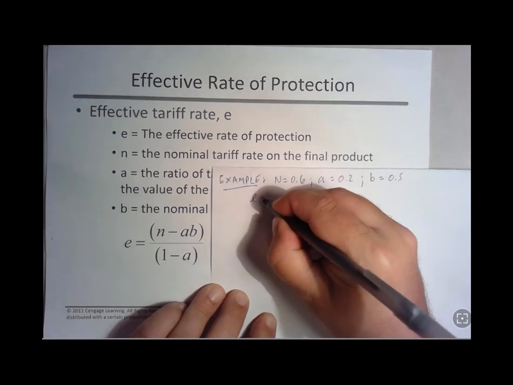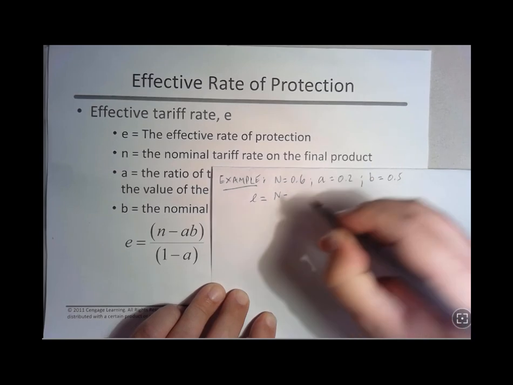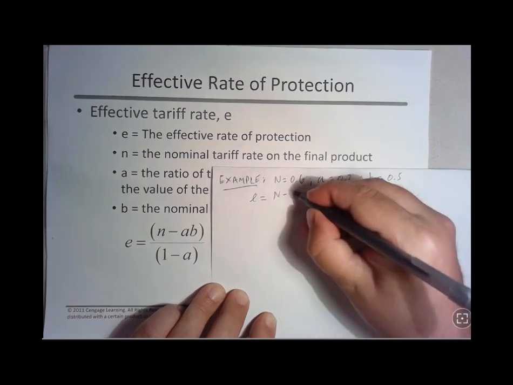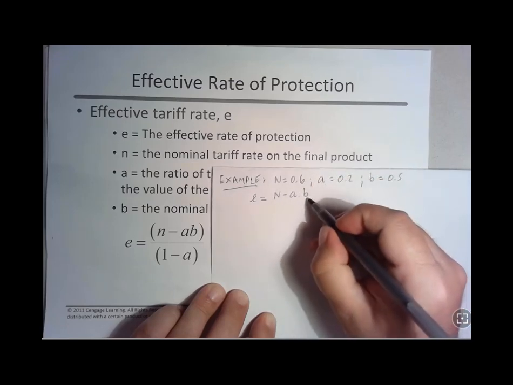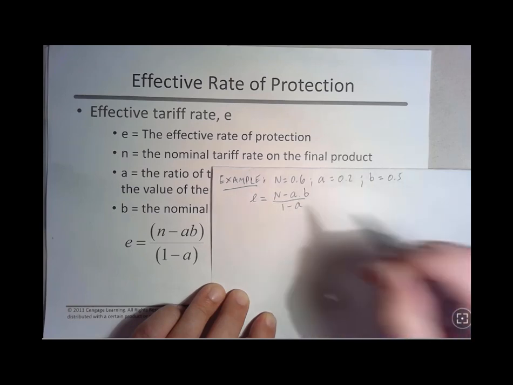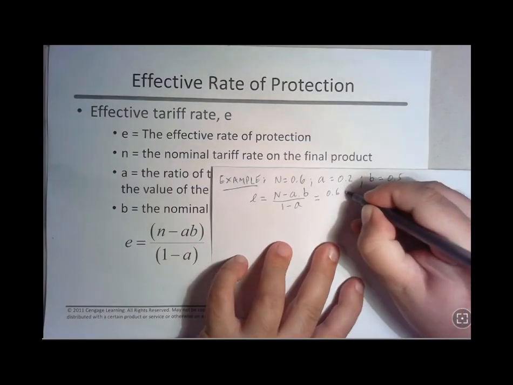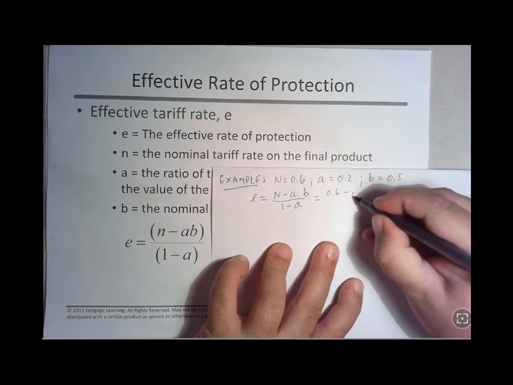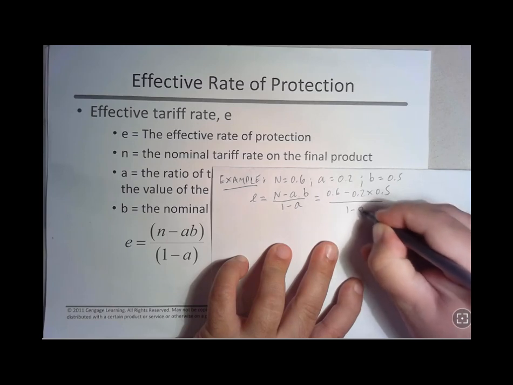Then the effective rate of protection would be equal to the tariff on the final product minus the percentage that the imported input represents times the tariff on that intermediate input, divided by 1 minus the percentage that the imported input represents out of the final product. So 0.6 minus 0.2 times 0.5, divided by 1 minus 0.2.